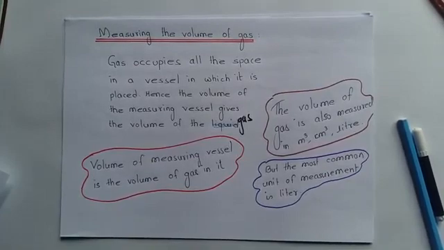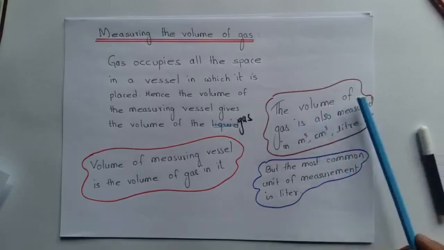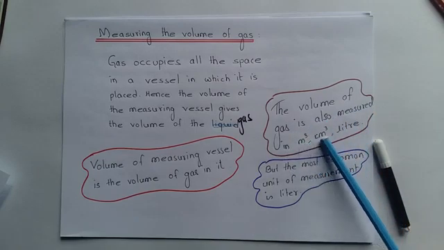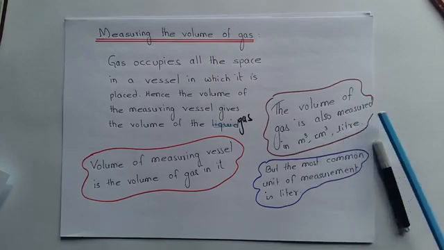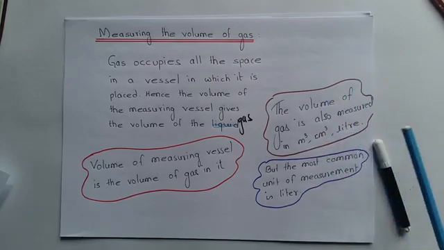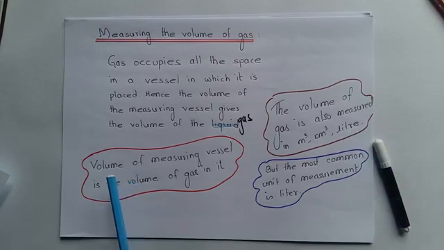That means the volume of gas is equal to the volume of the vessel which is used to measure the gas. So the volume of gas is also measured in cubic meter, cubic centimeter or liter. But of all of these, liter is most commonly used. Volume of measuring vessel is the volume of gas in it.